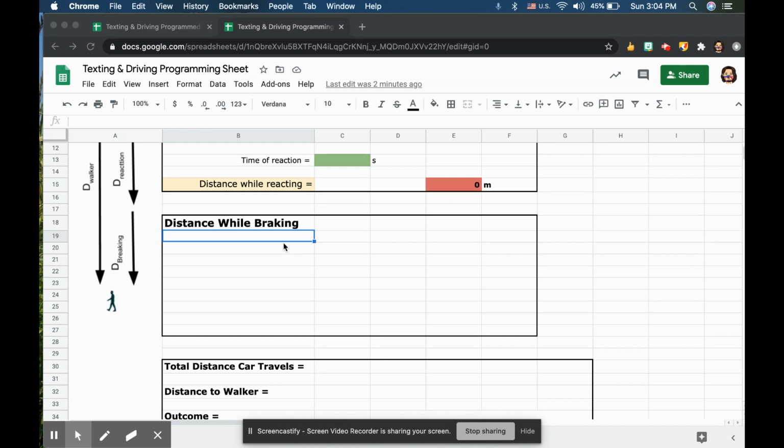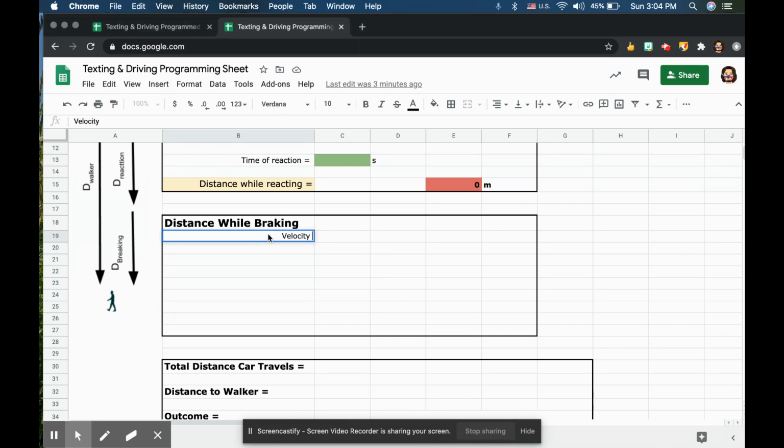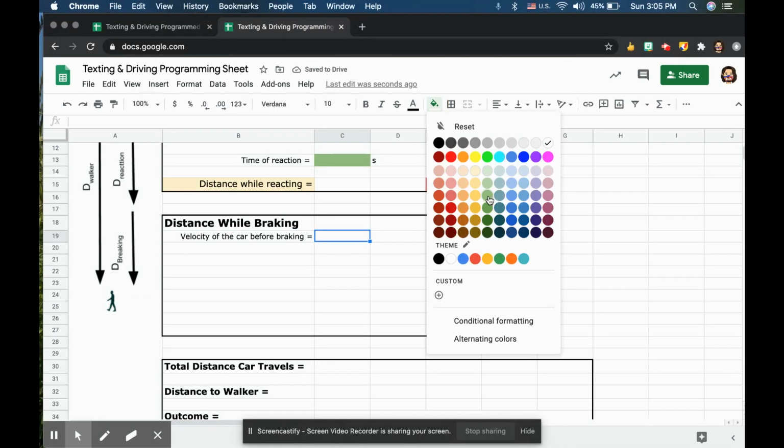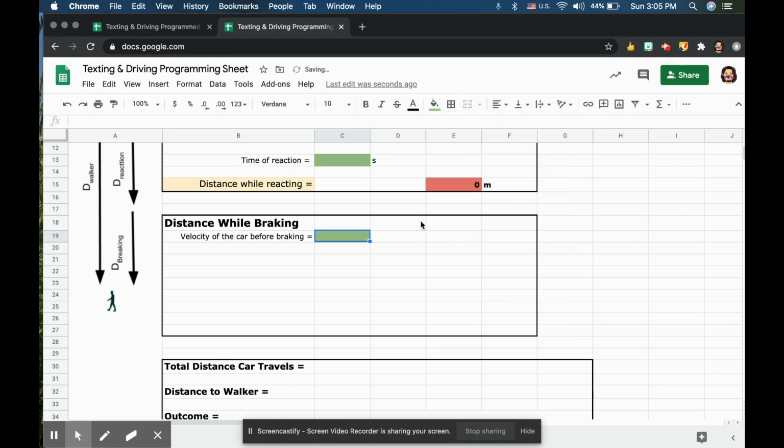So the first piece that I'm going to need for this is my velocity of the car before braking. All right. And I'm going to slide over to C19 and change that to green to match my other rows. And then my units for velocity are meters per second.